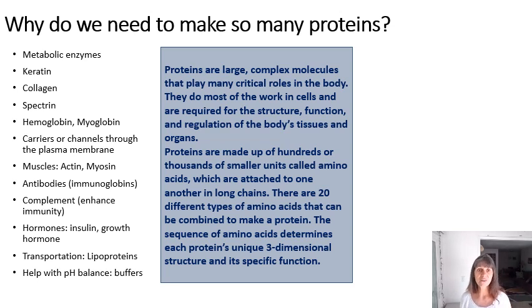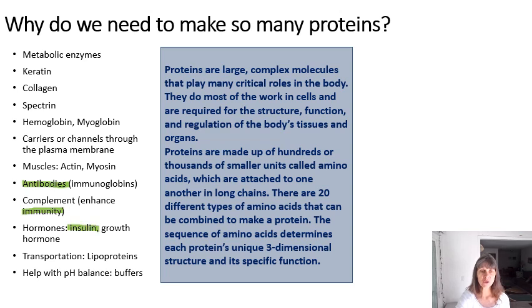There's a bunch of different enzymes listed on the left of this slide, but just to show you, some of these proteins are involved in our immune system. There are complement proteins that enhance immunity, antibodies like immunoglobulins that again have a role in our immune system. Hormones, there are some proteins that act as hormones like insulin and growth hormone.